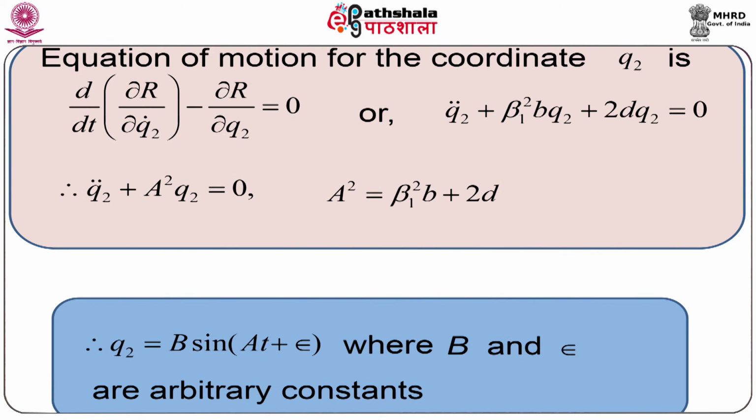The equation of motion for the coordinate q2 is d by dt of del R by del q2 dot minus del R by del q2 equal to 0.